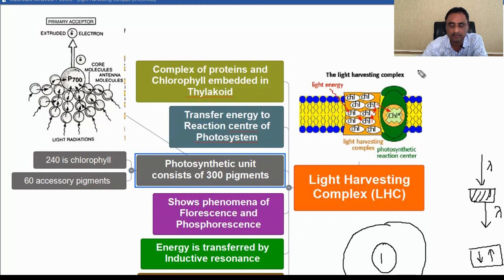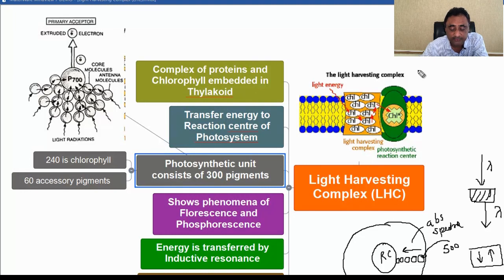So what will happen? Suppose this molecule receives light of, say, 500 nanometer. Now it shows the phenomenon of phosphorescence. It will emit light of greater wavelength, say 550 nanometer.